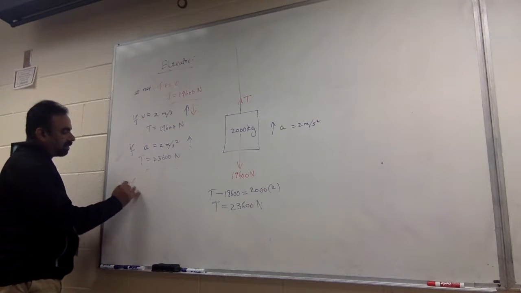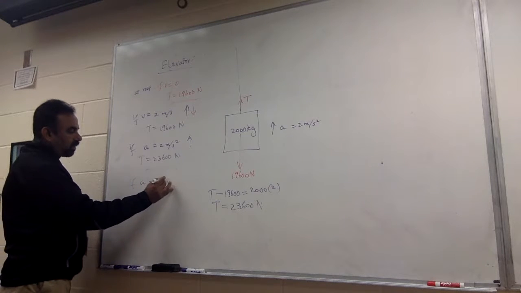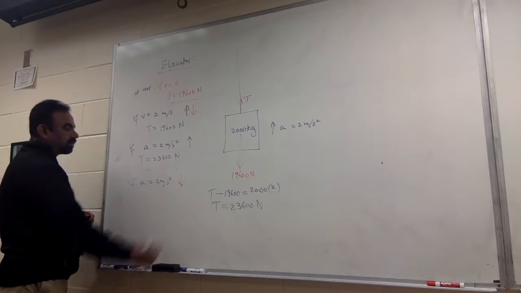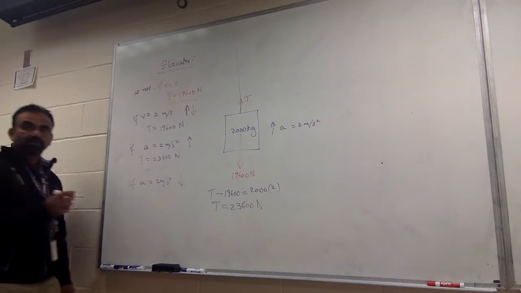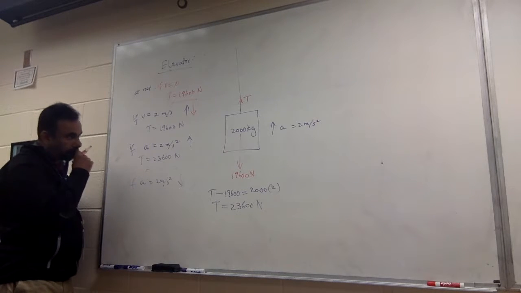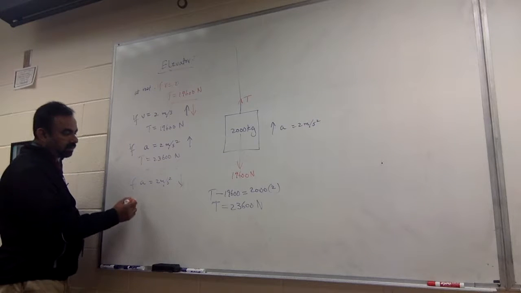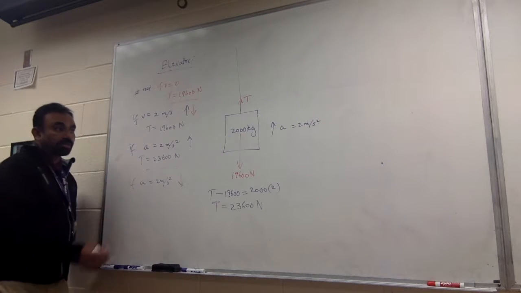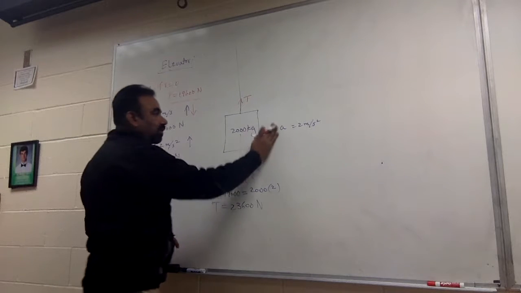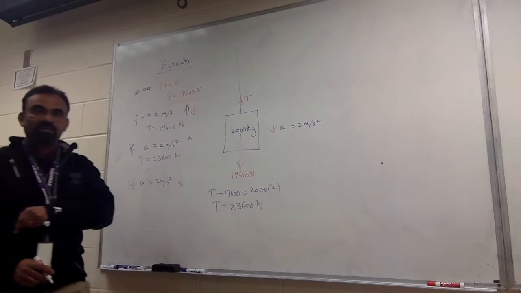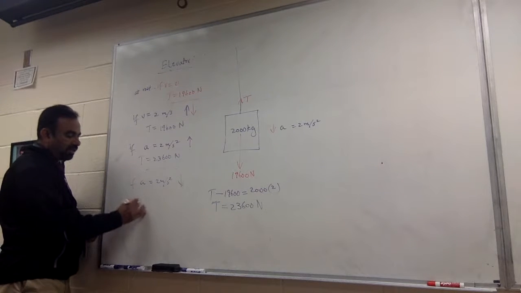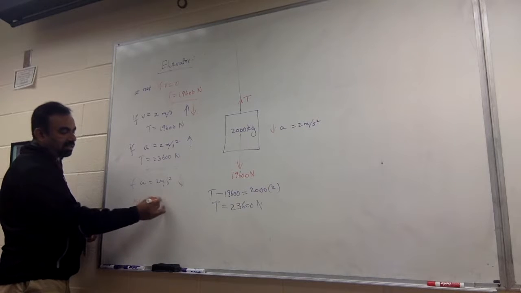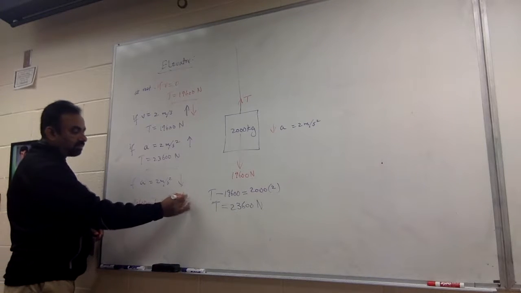What if acceleration is 2 meters per second squared downward? If it's accelerating at 2 meters per second squared downward, in the equation, which one is bigger then? If it is accelerating downward, the weight is bigger. 19,600 is bigger than tension by the same amount, 2,000 times 2.